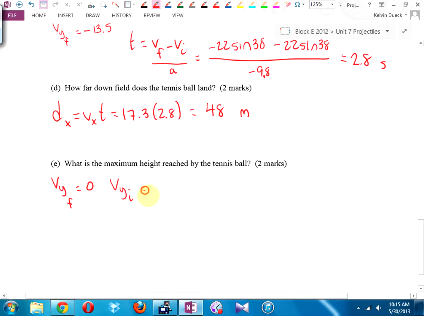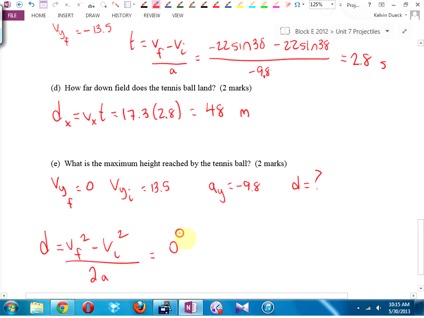Vy initial was 13.5. A equals negative 9.8. I think I'm going to use d equals Vf squared minus Vi squared all over 2a. 0 squared minus 13.5 squared all over 2 times negative 9.8.